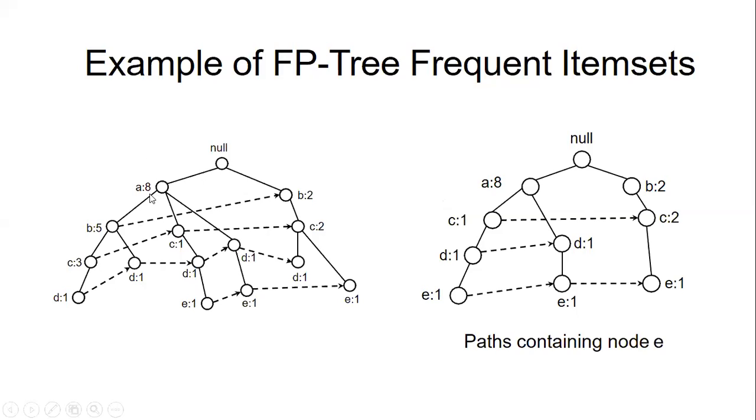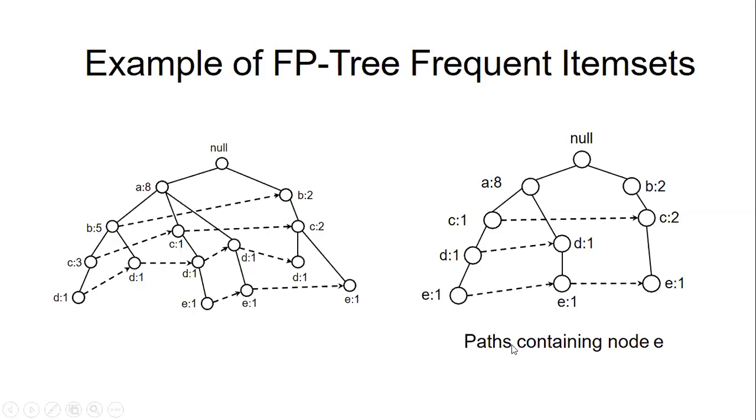If you observe the bottommost node, E is the bottommost node. Even though D is there, below the D there is E. So we consider E as the bottommost node.